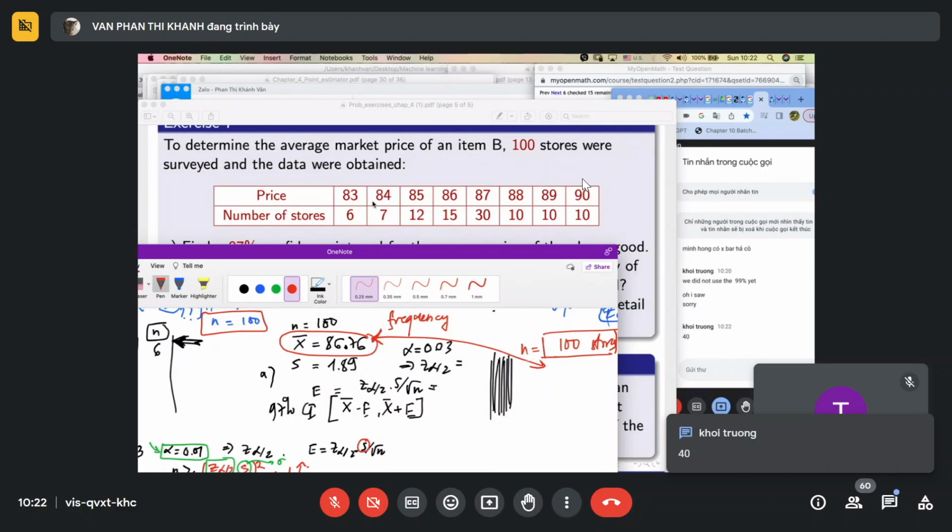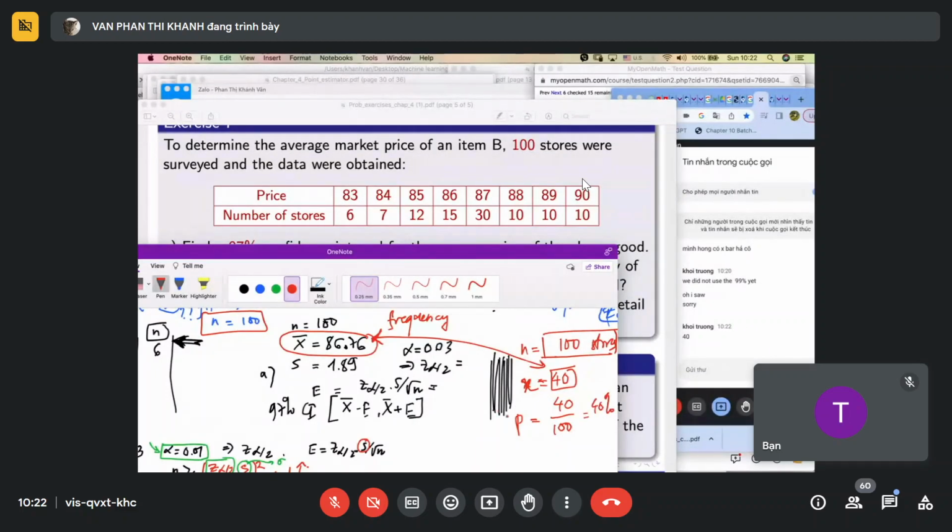Class, do you have the same answer? Okay. So what is the proportion of stores that sell below this price? It is 40 over 100, and it's 40%. But it's just an estimate of the exact proportion.